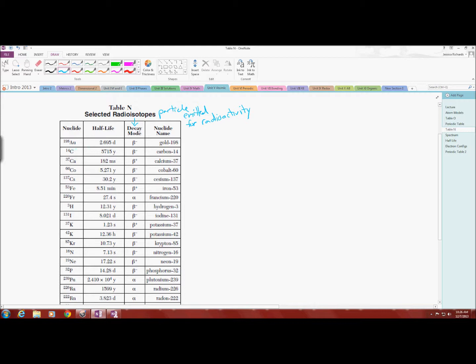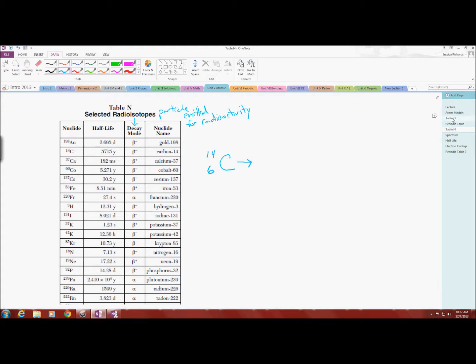And the way this works is if I have carbon-14, so carbon, mass of 14, the atomic number for carbon is 6. You probably have that memorized now. This carbon-14 is naturally radioactive, so it spits out a particle. What particle does it spit out? It spits out a beta particle.